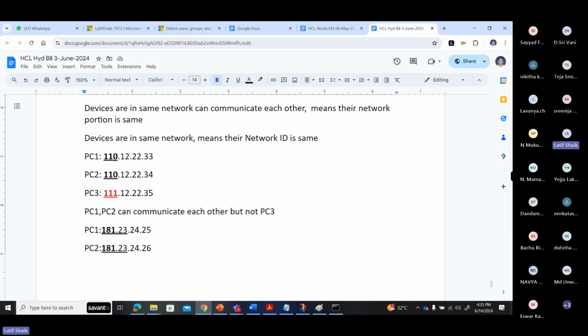To make sure the first portion matches, these systems will communicate. For the third PC, it's a different one, 110 and 111. So these two can communicate with each other, but this one cannot communicate with these PCs.